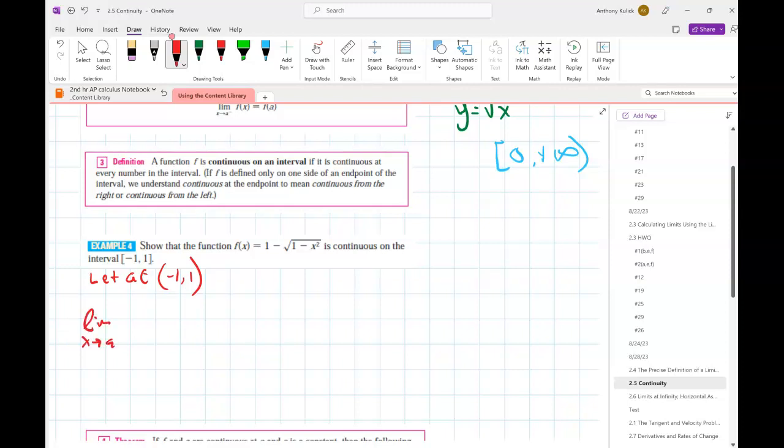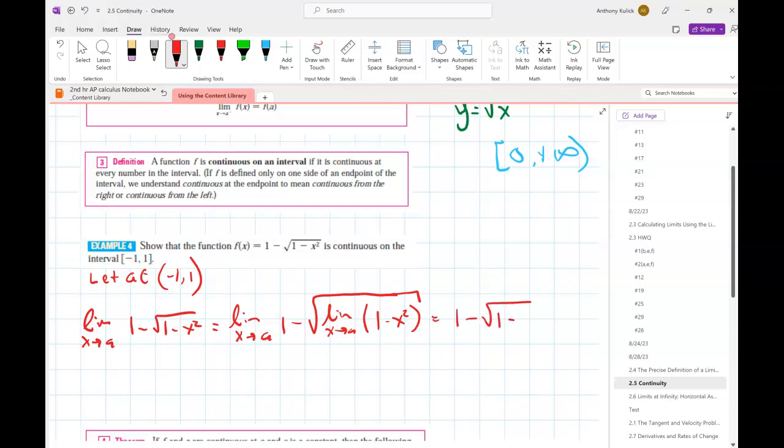So the limit as x approaches a of 1 minus this is equal to, I use my limit laws, and I get this, right? Is everybody okay?